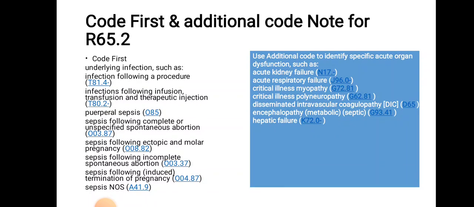So if you have to code severe sepsis with septic shock, you first code the infection, then severe sepsis with septic shock, and then an additional code from this list of organ failure.